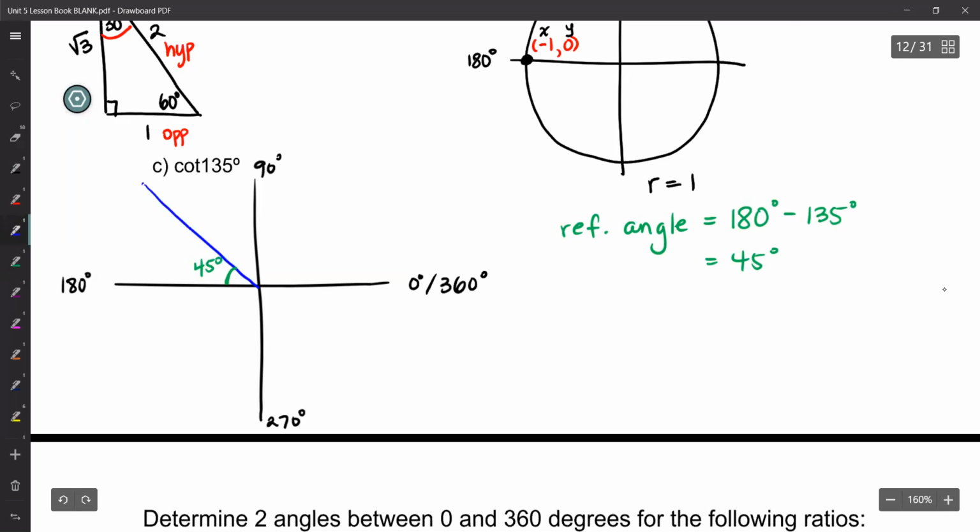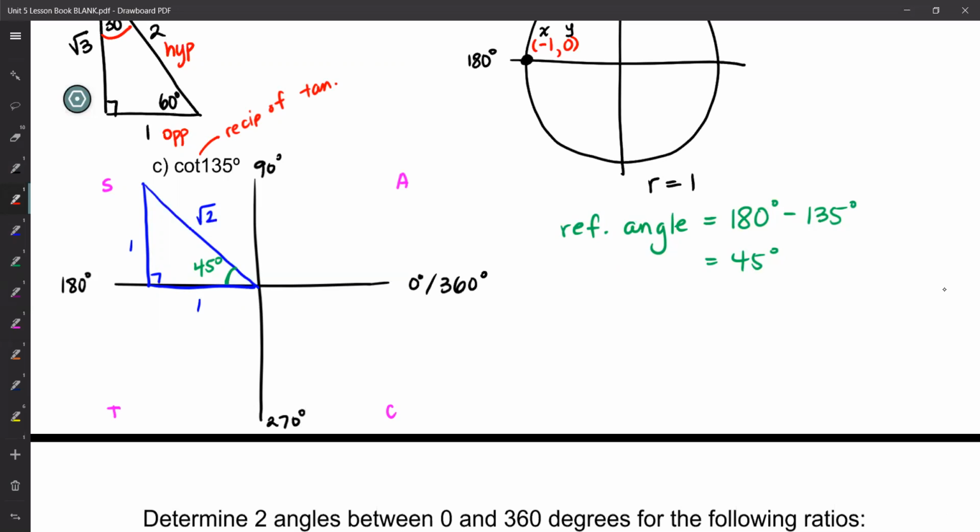We'll make the special triangle as usual. So that will be 1, 1, and root 2. And we're also going to use the cast rule. So keeping in mind that cotangent is the reciprocal of tangent, cotangent will be negative where tangent is negative and positive where tangent is positive.